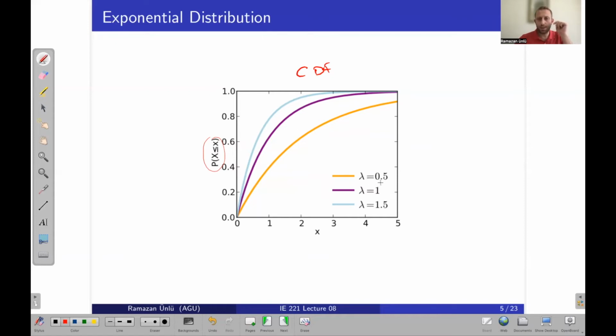For example, lambda equal to 1.5 corresponds to this CDF. It increases more sharply than the other ones, in which the value of lambda is comparatively small. So this is how the lambda values change the shape of the distribution.